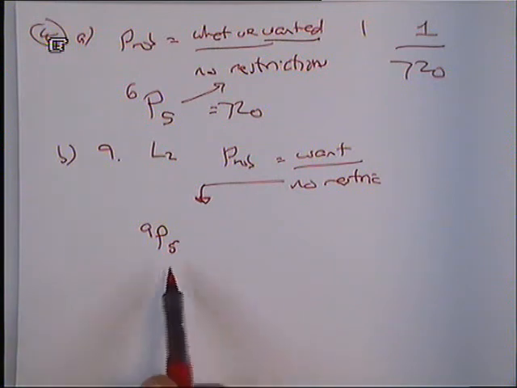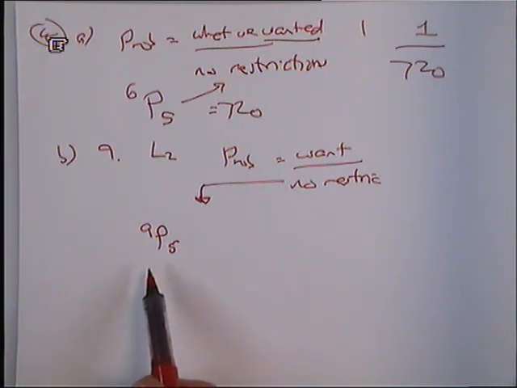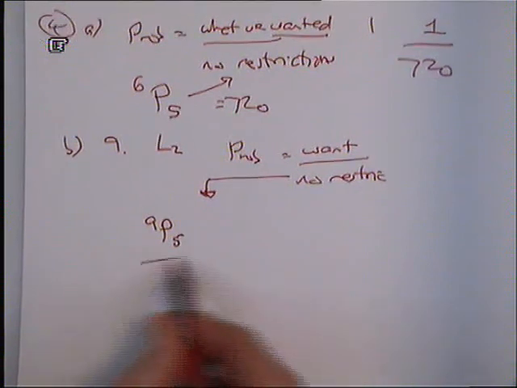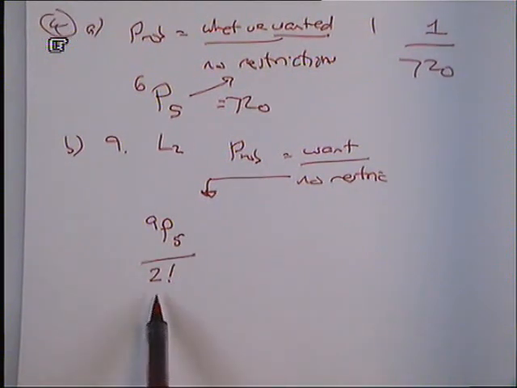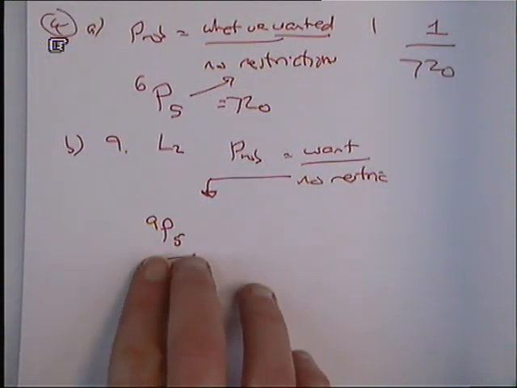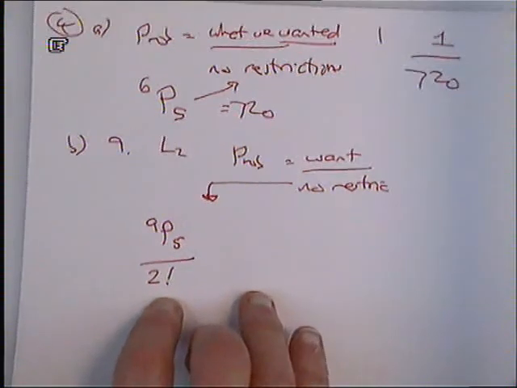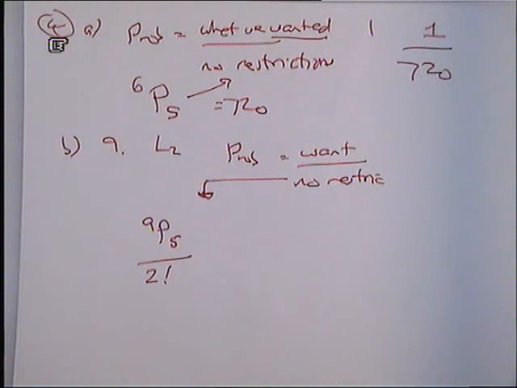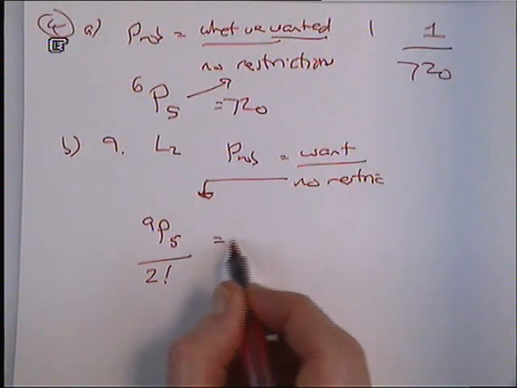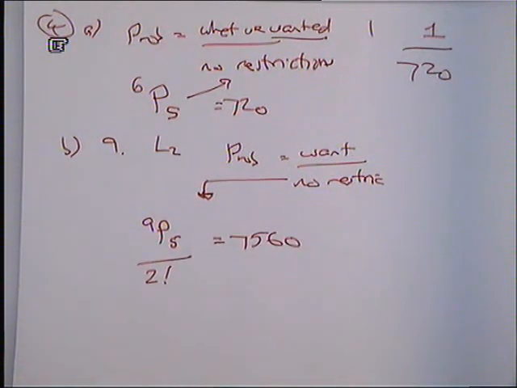What do I need to do to this here to deal with the 2 L's? Not minus 2 factorial. Yeah, divided by 2 factorial. If there were no repeats, that top bit would be fine. Because there's 1 repeat and it is there twice, you need to do that. So that is your bottom number, and that works out to be 7560.